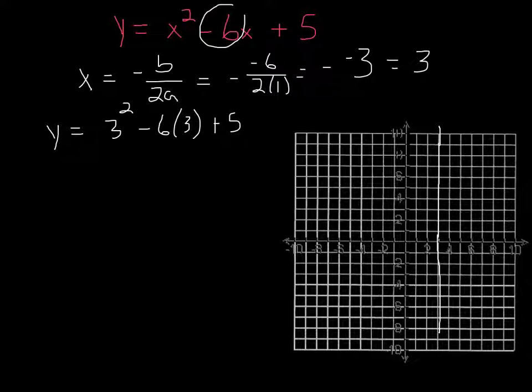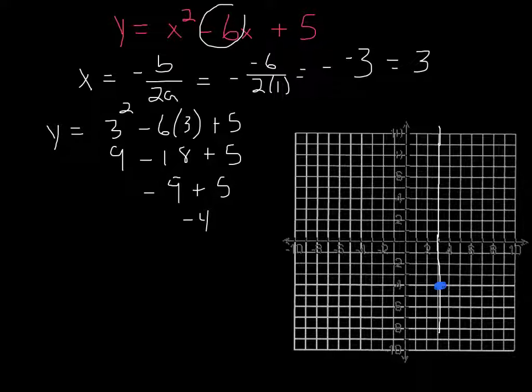So 3 squared is 9, minus 6 times 3 is minus 18, plus 5. 9 minus 18 gives us negative 9, plus 5. That gives us negative 4. So our vertex is at negative 4. I'll put our vertex in a different color, right there. That is the bottom of our parabola.